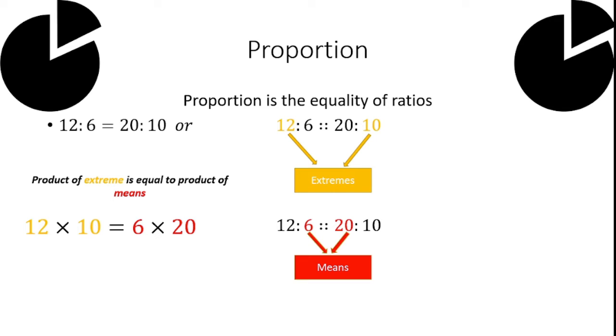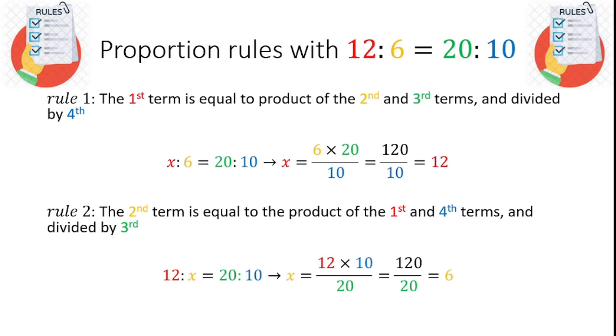Here the extremes are 12 and 10 and the means are 6 and 20. Multiplying the extremes, 12 into 10, gives 120, and multiplying 6 and 20, I also get 120. So the product of extremes, 120, is equal to the product of means, 120, which means a proportion. Now you may be aware of what is meant by proportion, which consists of some rules.